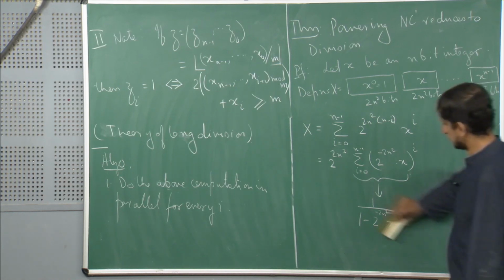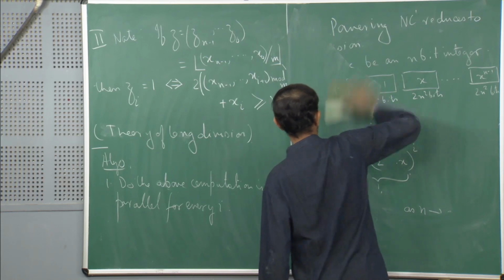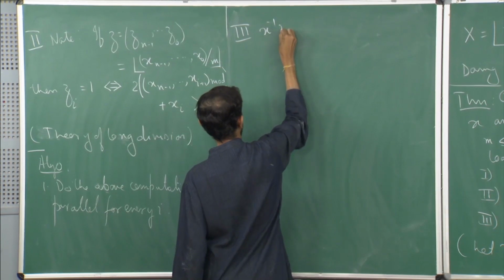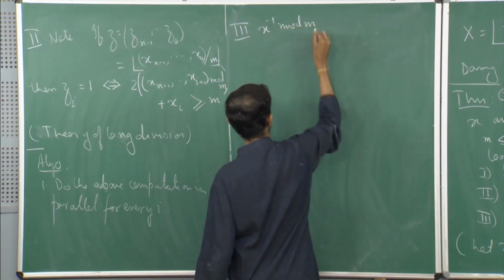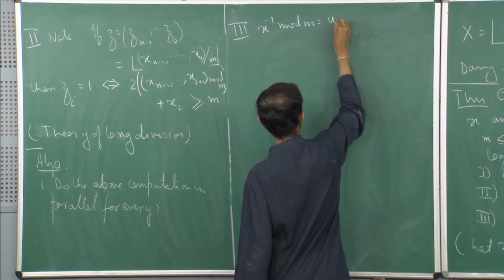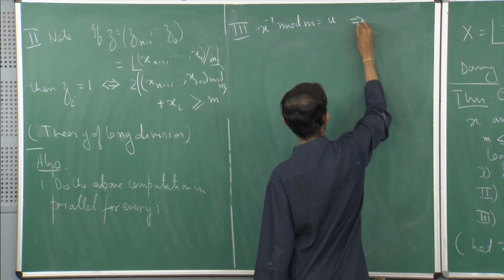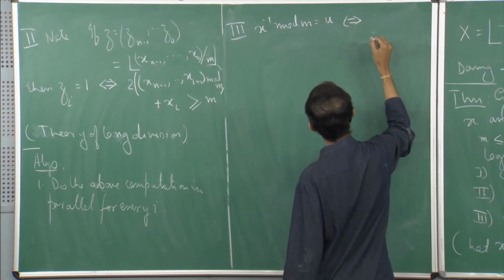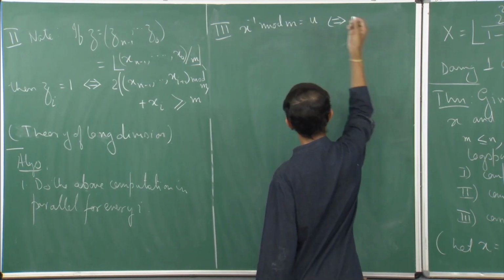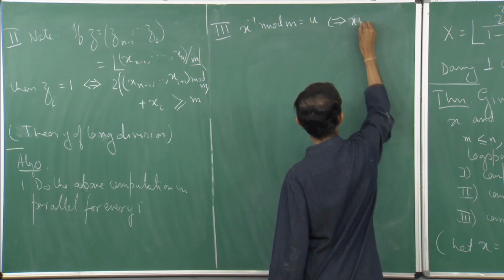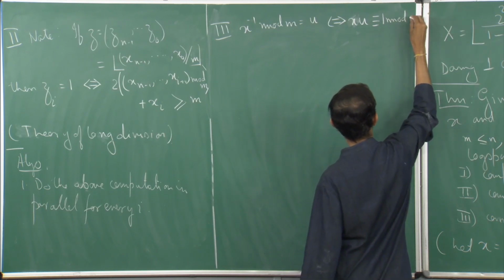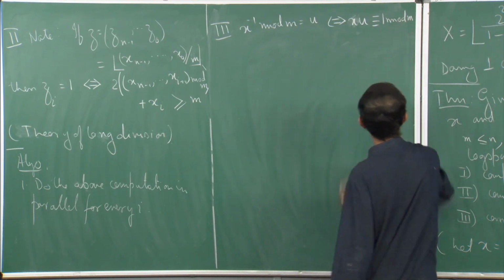So the last one is also similar. x inverse mod m is equal to, let us say, some value u if and only if x u is congruent to 1 mod m.